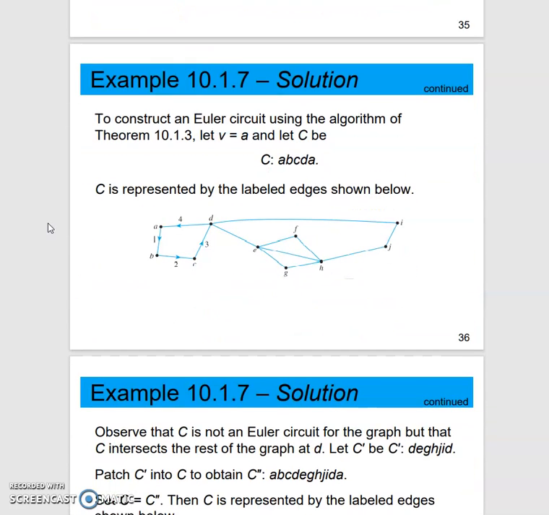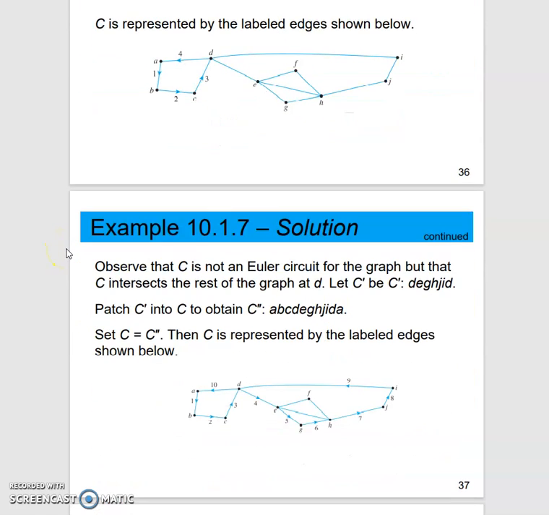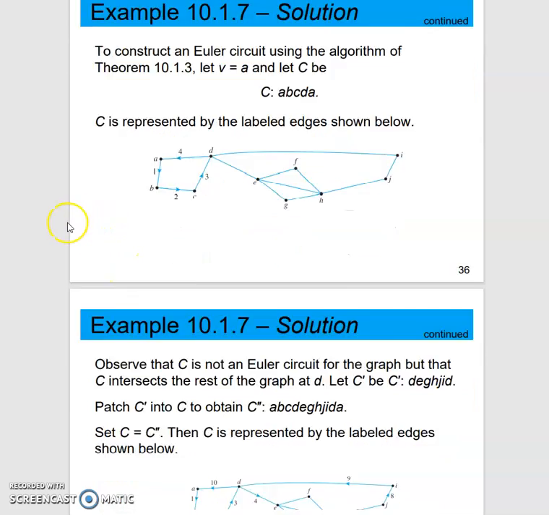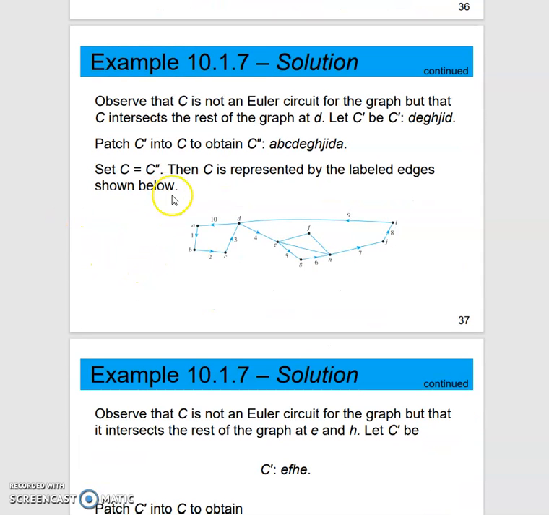Now, there might be more than one way to do that. Here, I'm going to go ahead and start at A. So A to B, to C, to D, to A would be an Euler circuit. And that may not be the only one. I had one little one here, but I can then draw a bigger one.